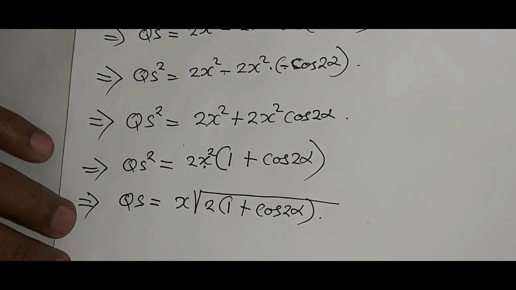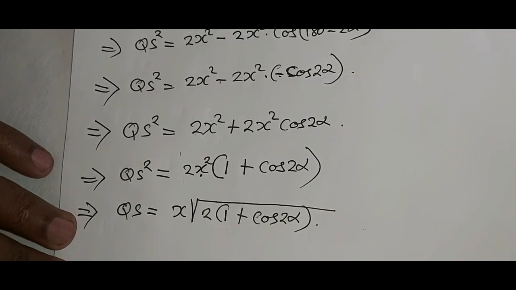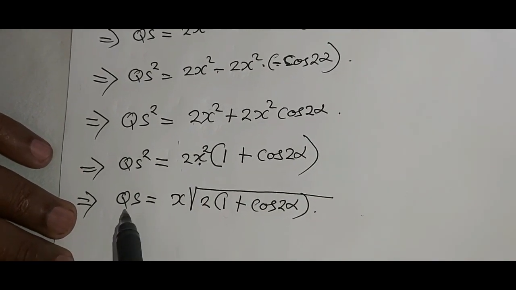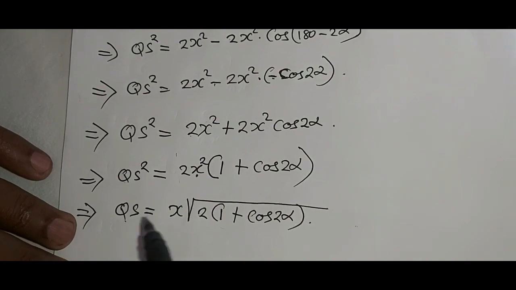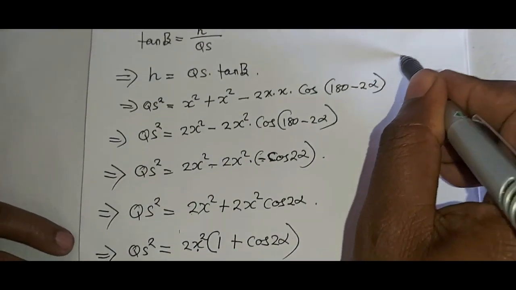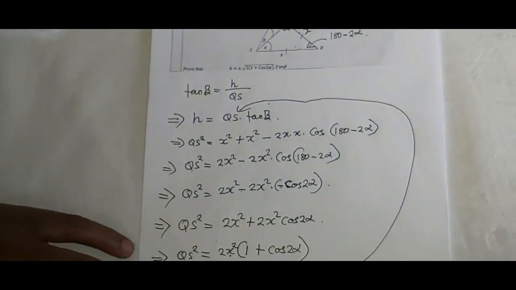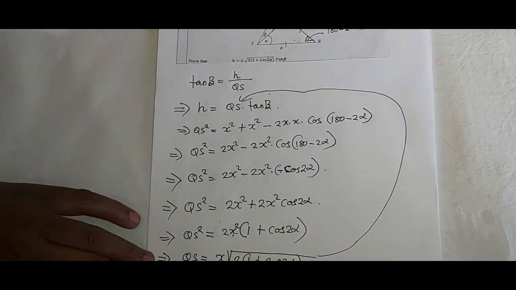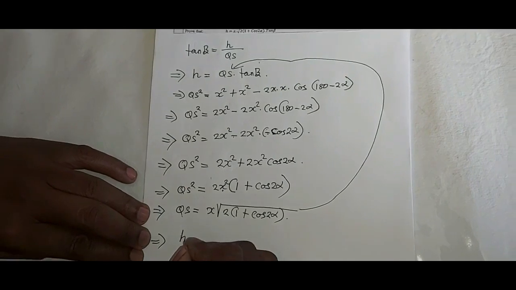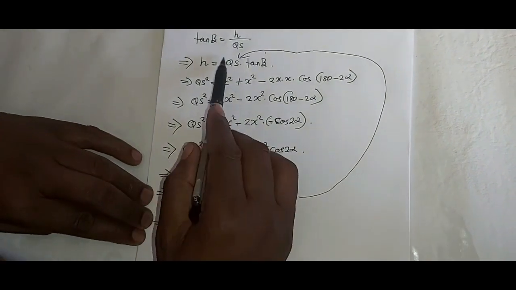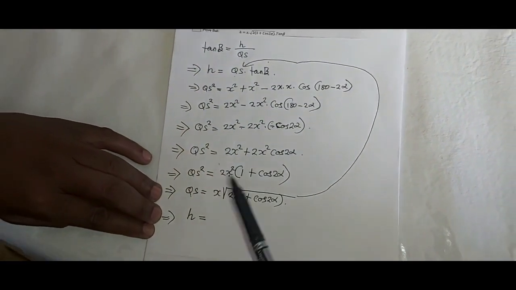Now from there, I must be able to substitute back. That is to say, in place of QS, I write it here where there is QS to be able to find H. Therefore, H will now be equal to QS, which is exactly that.